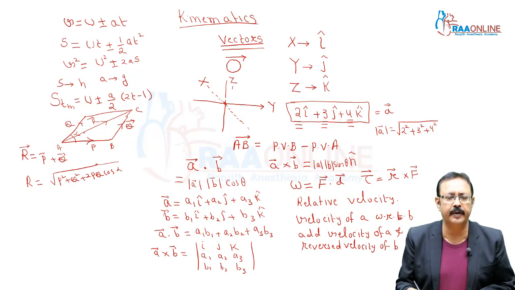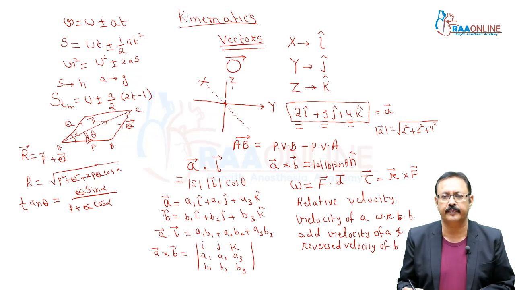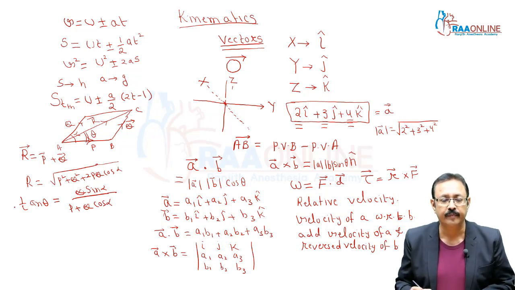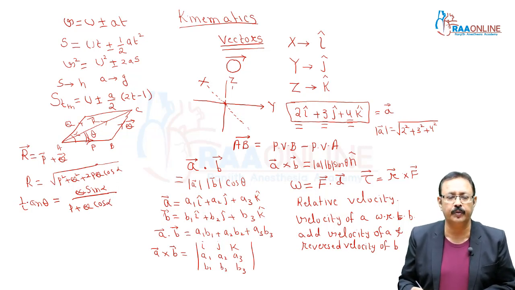If resultant is making an angle theta with P, then you can calculate tan theta by the formula Q sin alpha upon P plus Q cos alpha. Getting my point? You can do this.